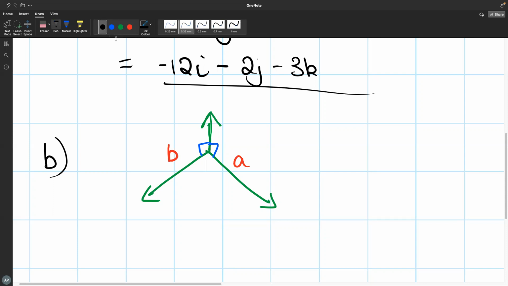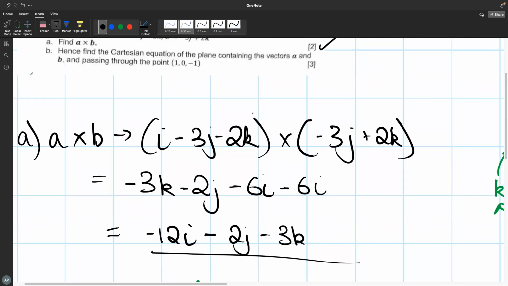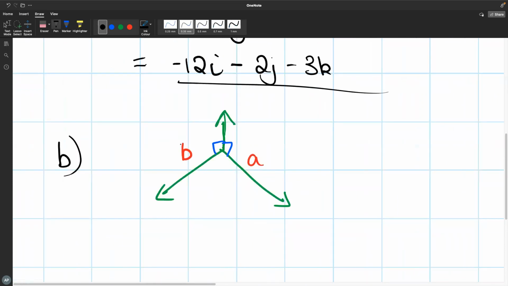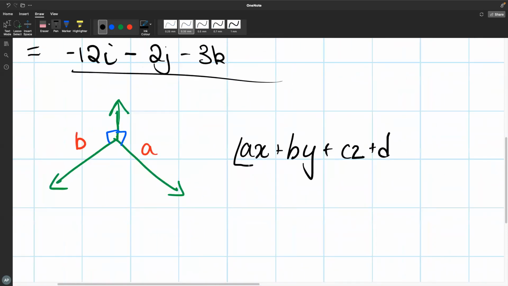That ties in really well to our question because we're asked to find the Cartesian equation of a plane. If A and B are two vectors on a plane, we also know that for any Cartesian equation, these values, A, B, and C, are also the vector of its normal.